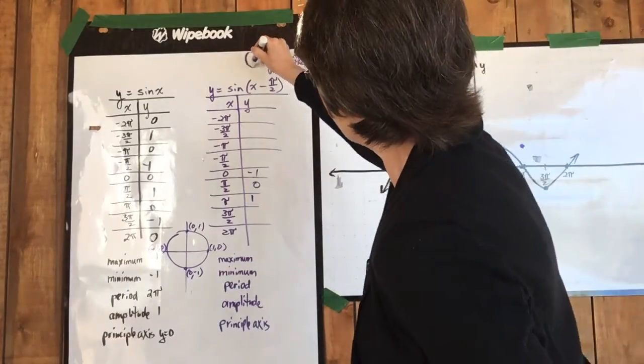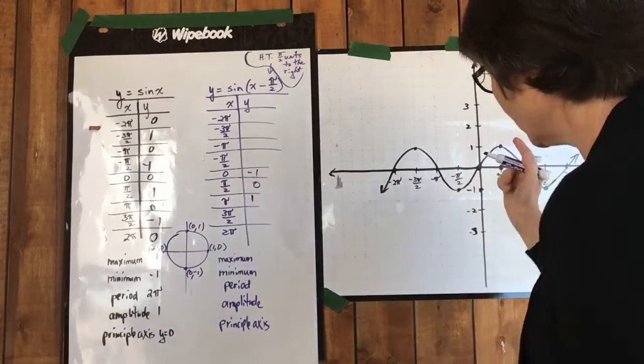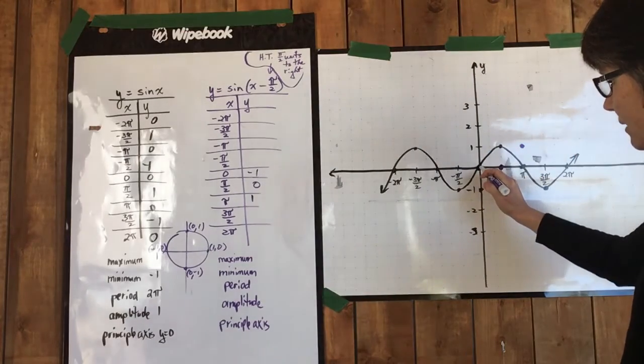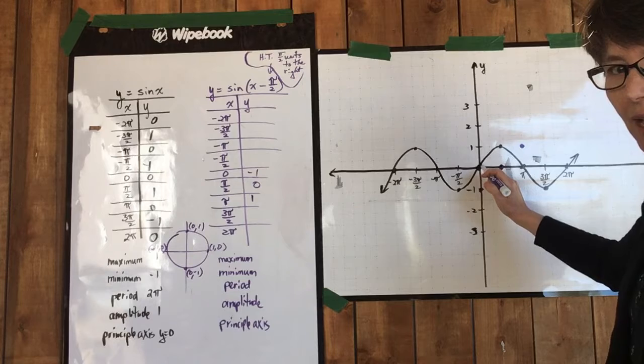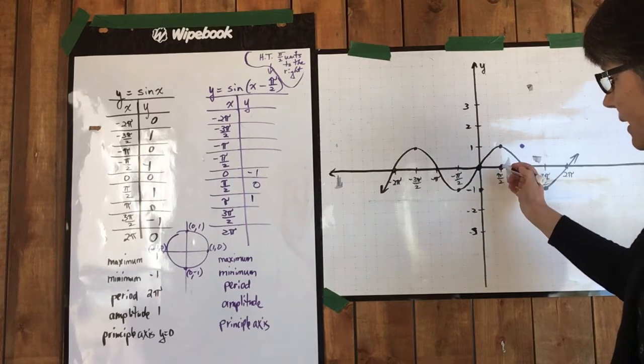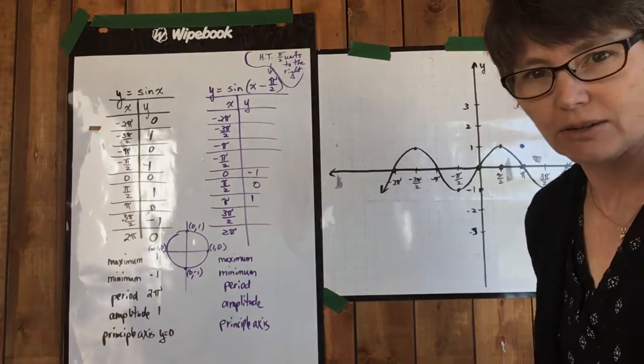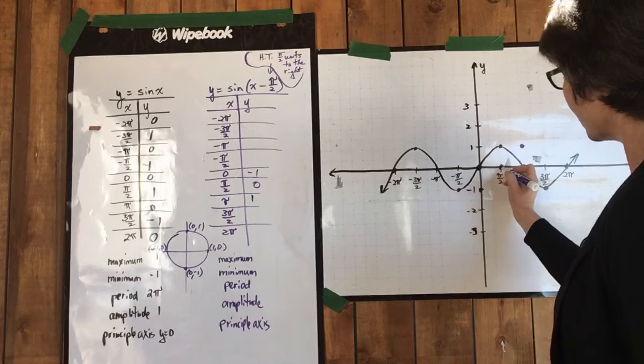Let's talk about this horizontal transformation, pi over 2 units to the right. In other words, this point from y equals sine x has moved pi over 2 units to here. On my graph that's 2 grid marks. On your graph it's also 2 grid marks, the graph that's given to you there. So that's moved over there.